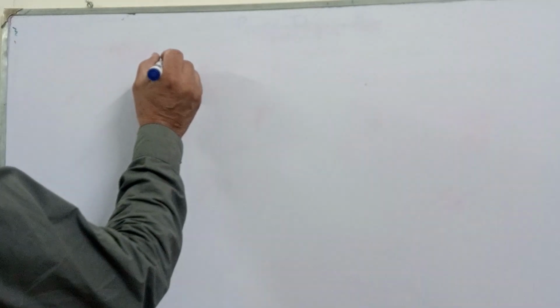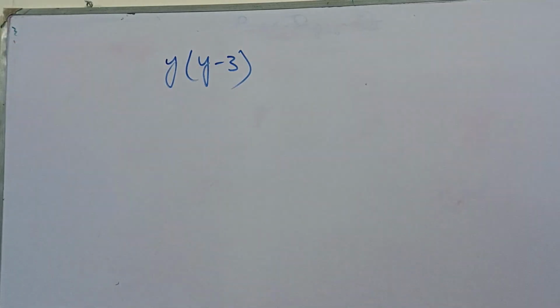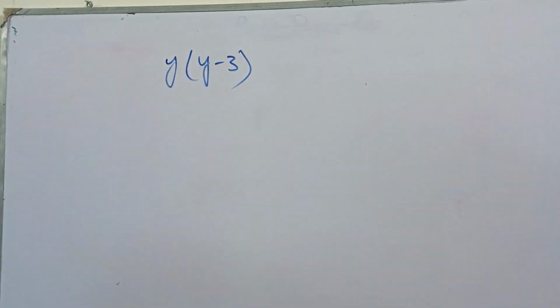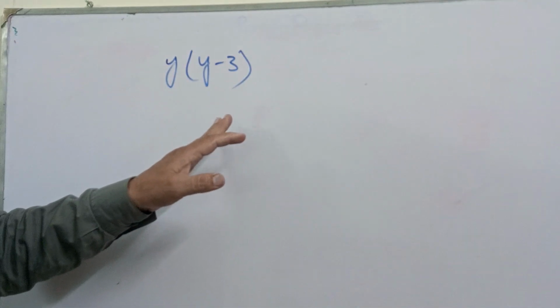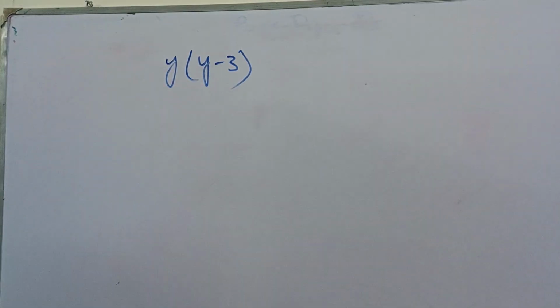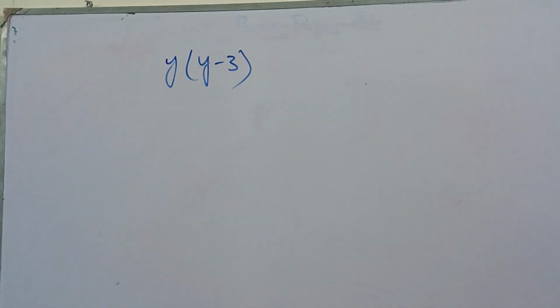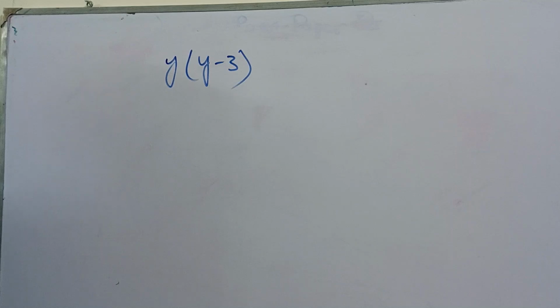So if I take this example, y minus 3, and expand it, it is very easy to know that this bracket means multiplication, and each element in the bracket will be multiplied by each element outside the bracket. There is only one element outside the bracket, and there are two elements enclosed in the bracket, with one sign, which is a negative sign.